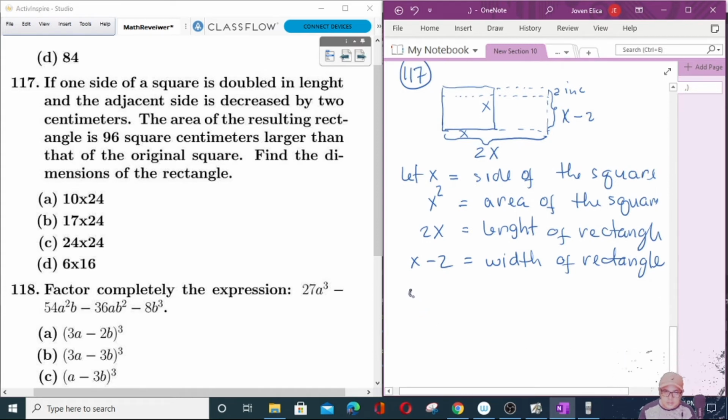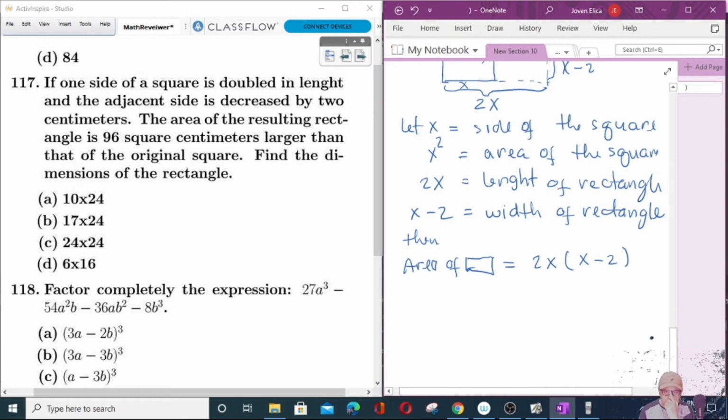So therefore the area of the rectangle is equal to 2x, which is the length, multiplied by its width, which is x minus 2. That is the area of the rectangle.